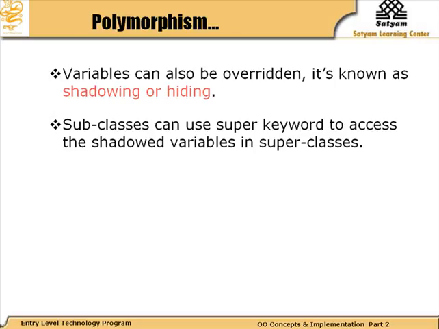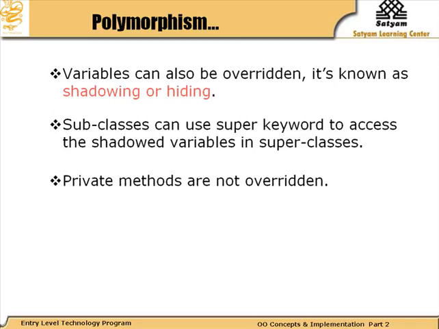Subclasses can use the super keyword to access the shadowed variable in superclasses. This means that I can always refer to the parent version of the variable using super dot the variable name. This can be used in the derived class.